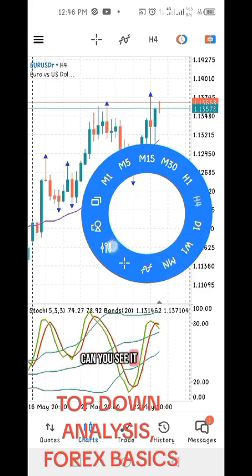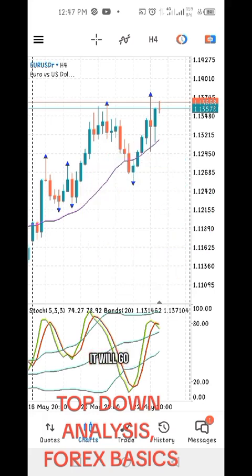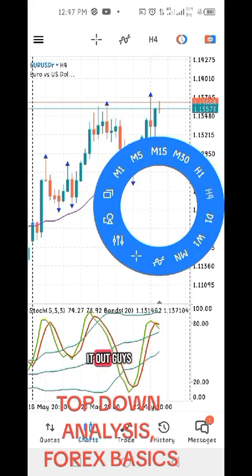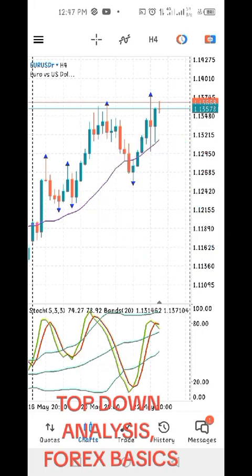If you click on your MT5, just click anywhere, it will bring it out. Now, we want to select a 4 hour time frame. Can you see H4? That's our 4 hour time frame.